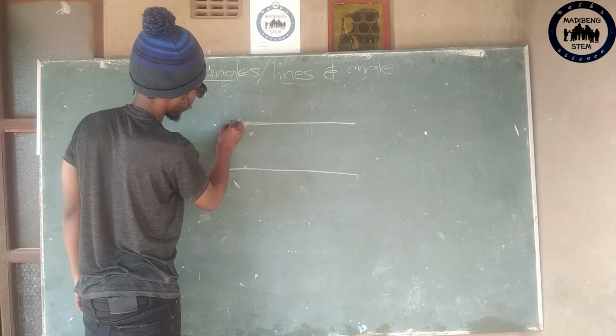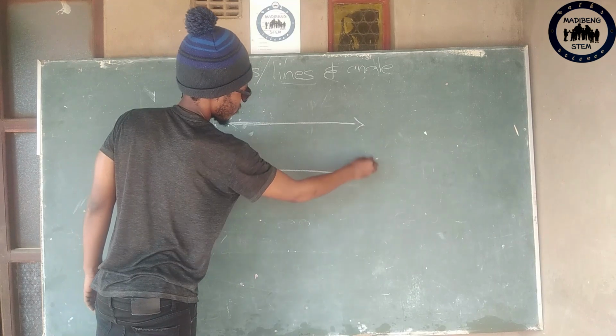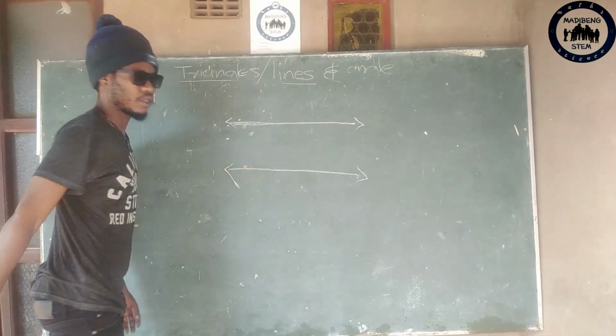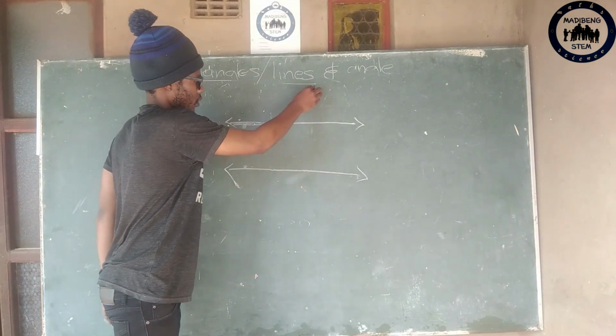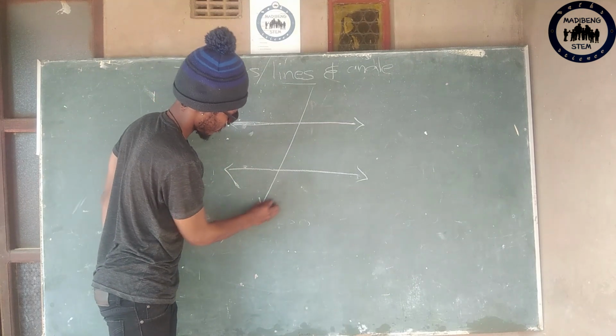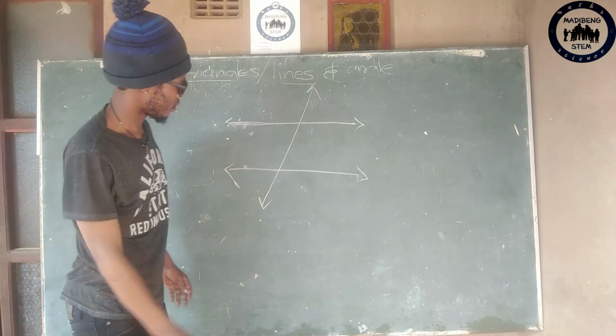So we have two parallel lines again, and we have a transversal line.